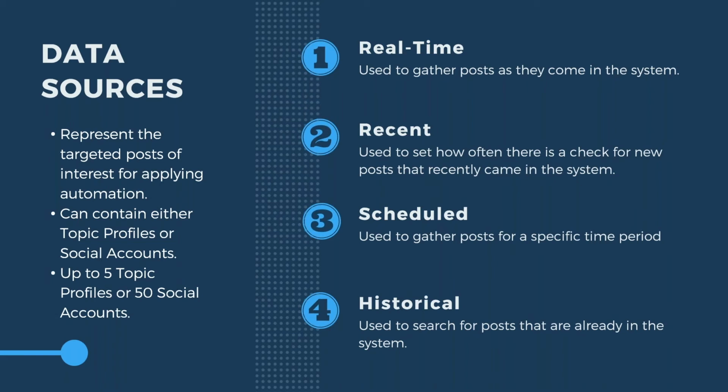Let's say you just recently started using Social Studio Automate, and you also want to tag all the posts in the backlog from maybe 6 months ago. You can use a historical data source to reapply the current rules to those backlog posts that you missed.